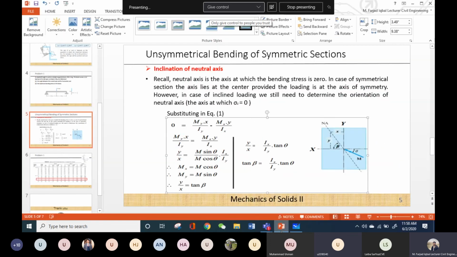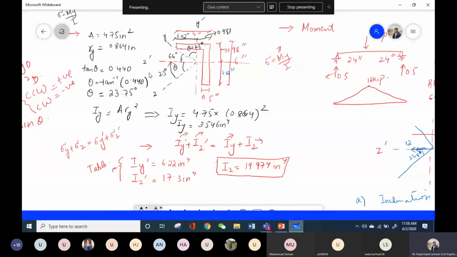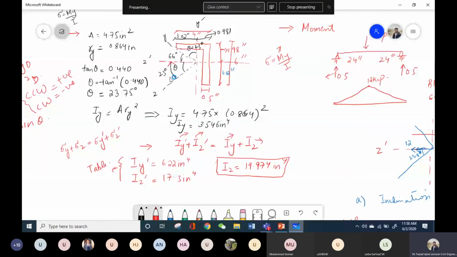So now look into this figure. In this figure also, this angle theta with respect to the principal axis is clockwise, right? Yes, sir. So this is what I am doing. From this figure, I have calculated this angle theta that is 23 degrees, and if I want to read it with respect to the principal axis, which is the z axis, this angle is in the clockwise direction.